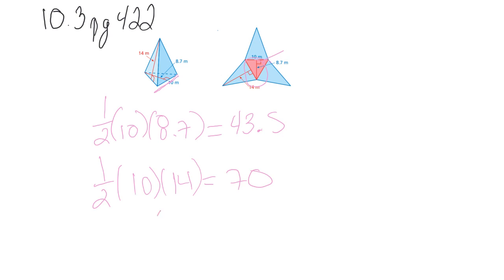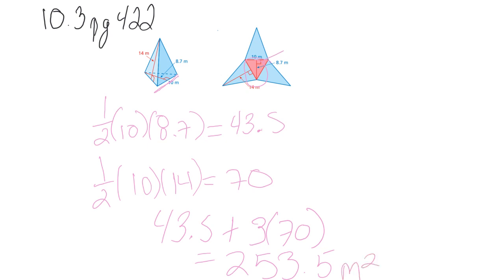So we can go ahead and do 43 for the base plus 3 times 70 for our 3 sides that each have an area of 70. And that would give us 253.5 meters squared because it's area.